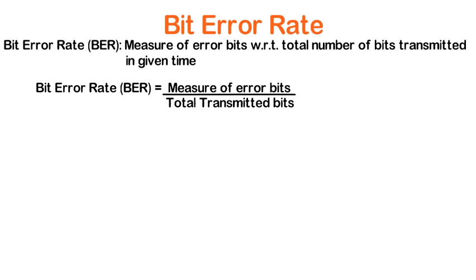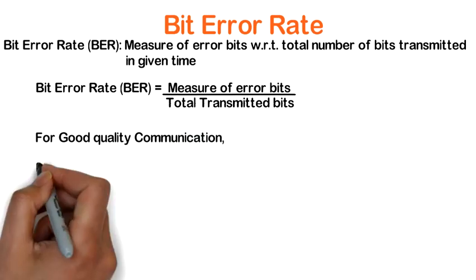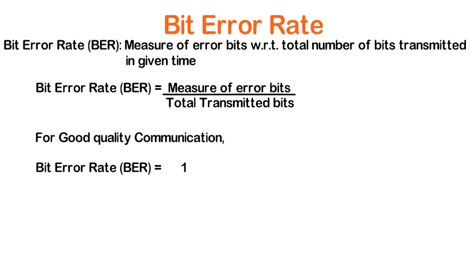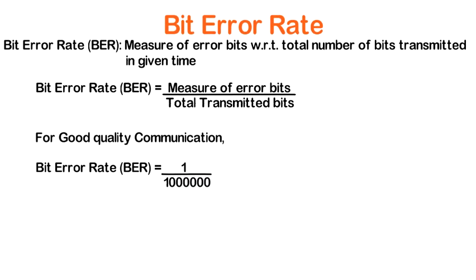Bit error rate is a very important parameter in a telecommunication system. This requires a good quality of communication. The requirement is not more than 1 error bit in 1 million bits. That is, only one single bit can undergo error in total 10 to the power 6 bits.